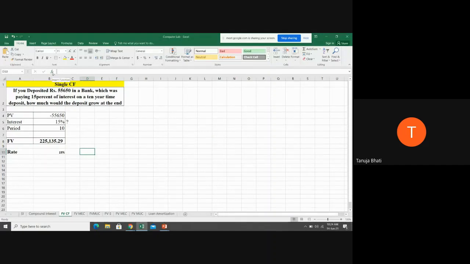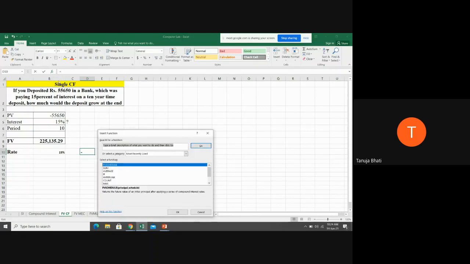Before moving ahead, I'll just show you. This is fx. These are functions, that is, formulas that Excel is providing. There are n number of formulas that Excel is providing. So what you have to do is either directly type equals to FV, and you will get the formula. Otherwise, go to the insert function, and there you select a category. Select the financial category.